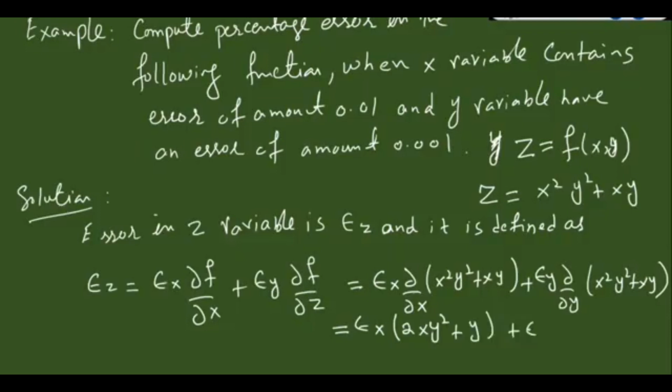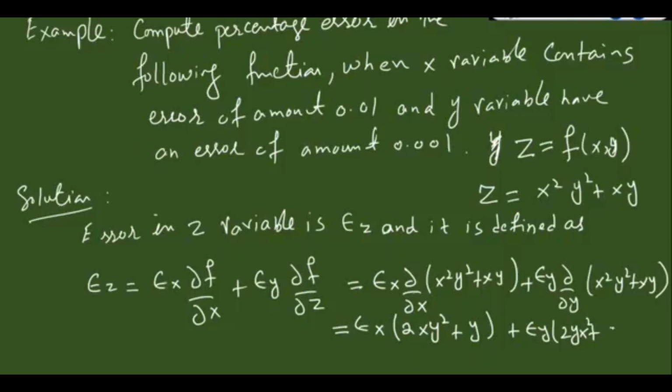Similarly for epsilon y, the derivative is partial with respect to y, so treating y as a variable and the other, that is x, as a constant. If we do so, that would become 2y plus 2y x square plus x.